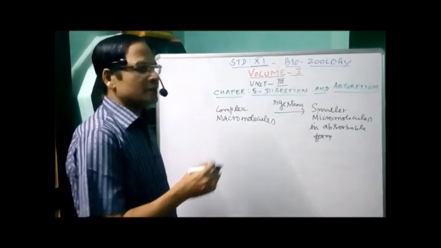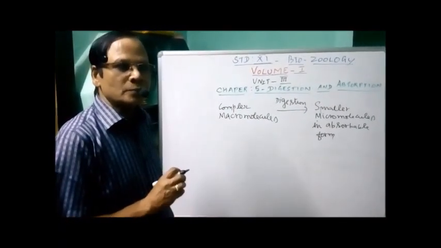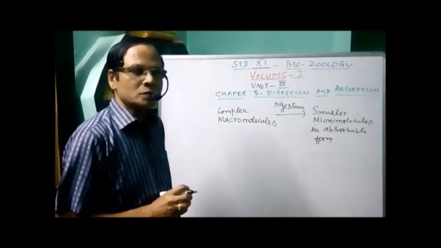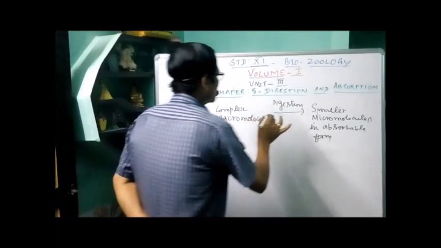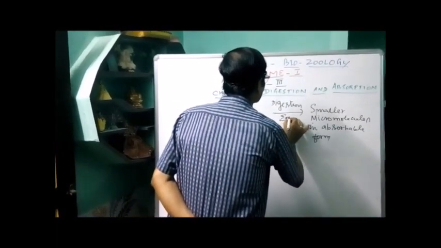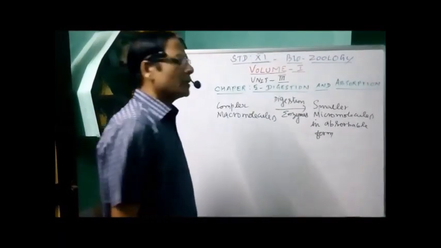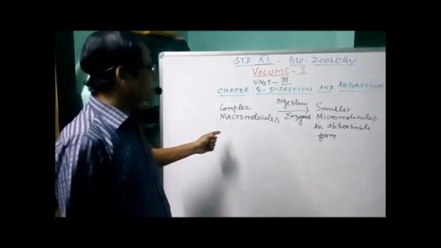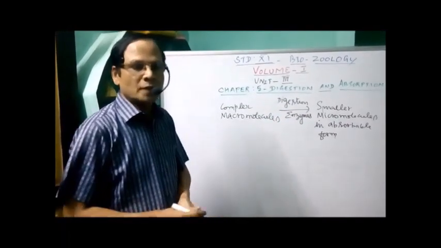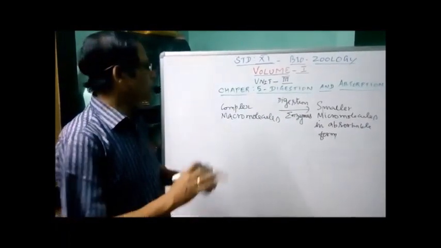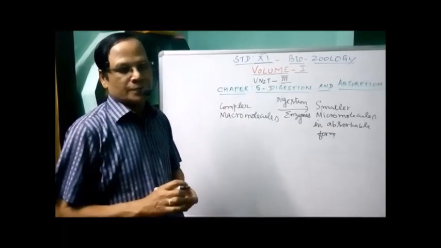That process is called digestion, which is catalyzed by some organic molecules released by the living cells, and they are called enzymes. So with the help of enzymes, the complex macromolecules get converted into smaller micromolecules in absorbable form. We will talk about it in detail later.